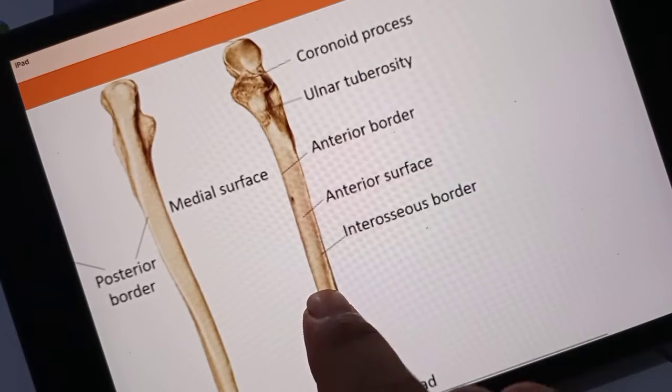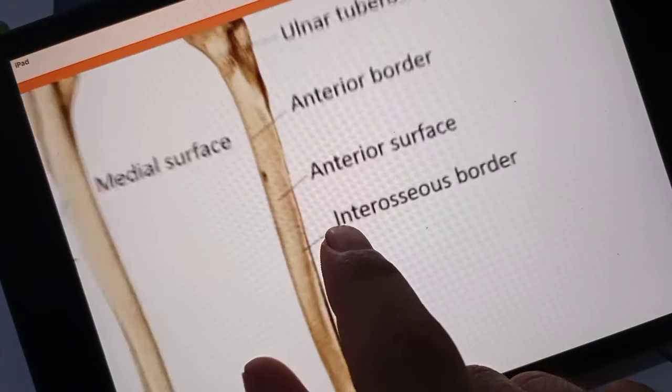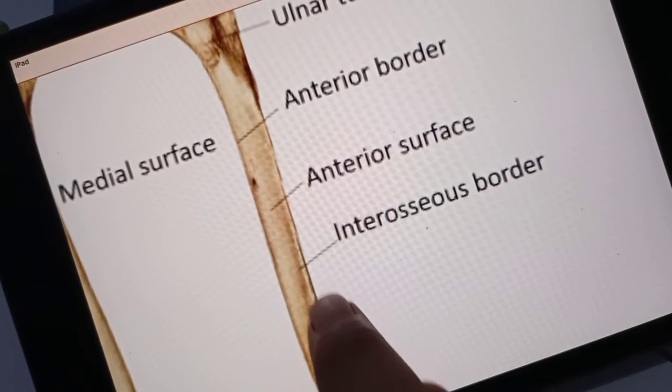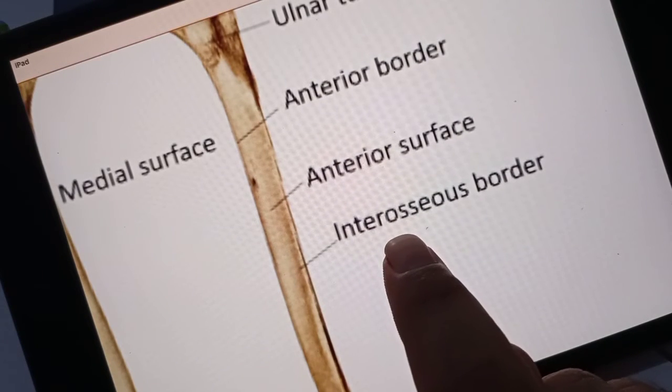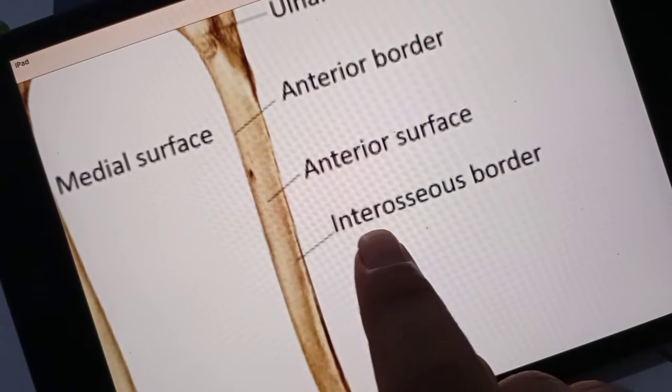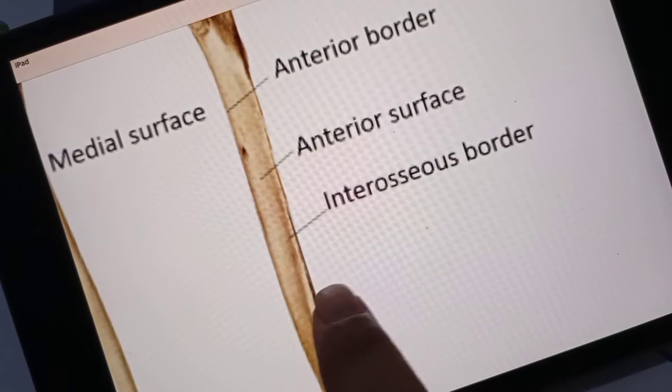First of all, if we talk about the borders, this is the anterior border. The second one, which is the sharp border, is the interosseous border. You can differentiate the anterior border from the interosseous border by the sharpness of the border.